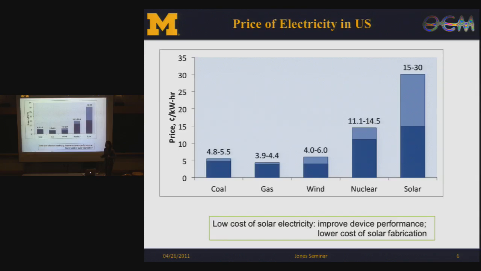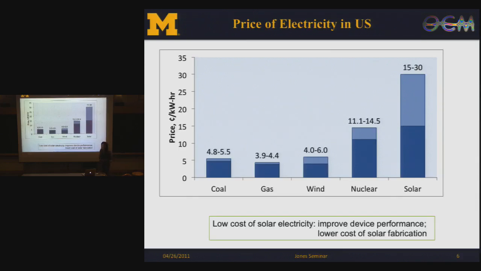And if things keep getting better, like efficiency going up, in 5 years, around 2015, the cost of solar energy has a chance to go down to 10 cents per kilowatt hour. Once we reach that range, the cost of solar electricity will be comparable with other electricity sources from coal, gas, wind, and nuclear.